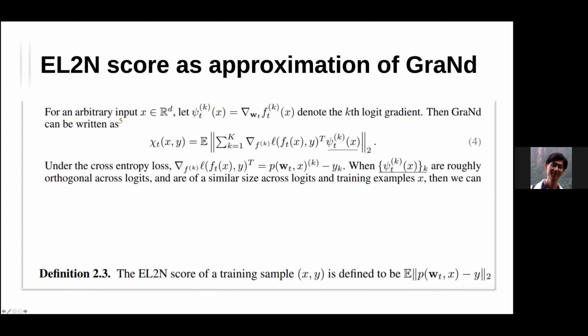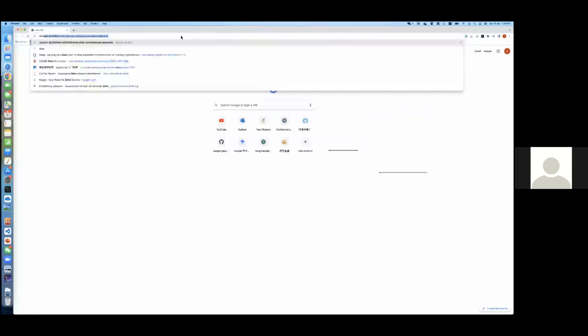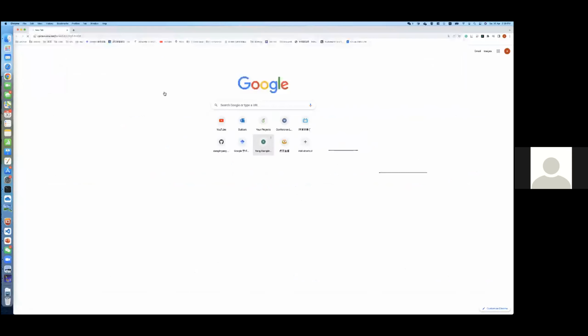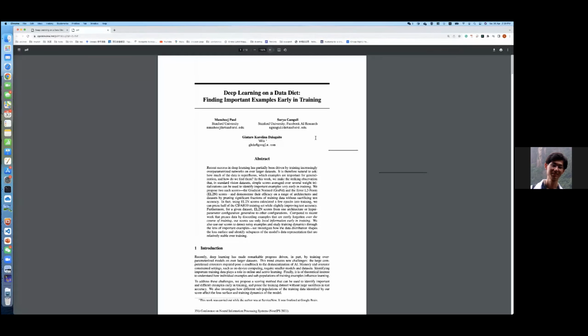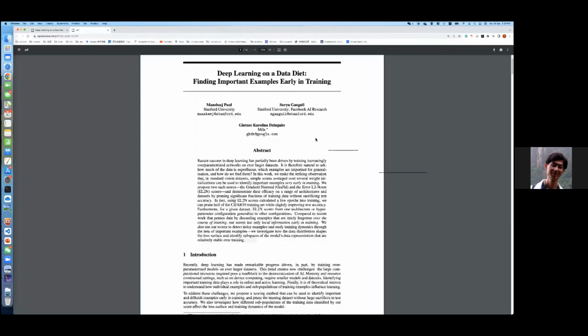So you finished introducing the methodology. Can you show the paper a little bit? How do they interpret the complexity?